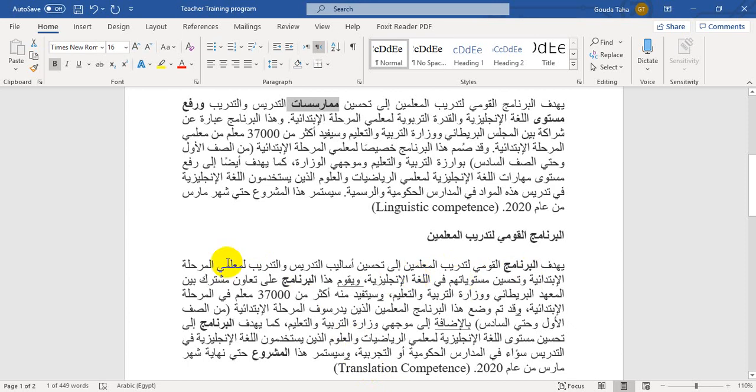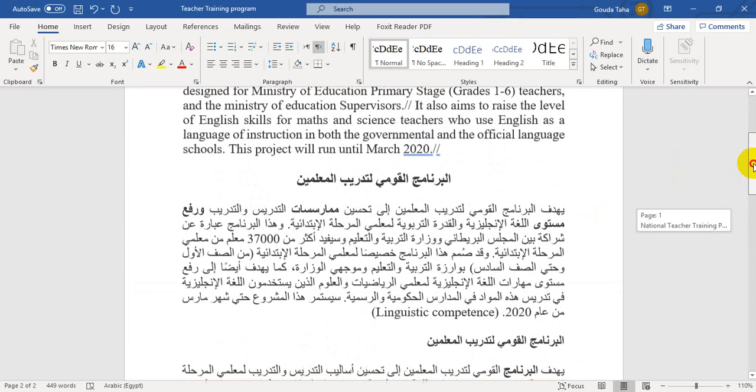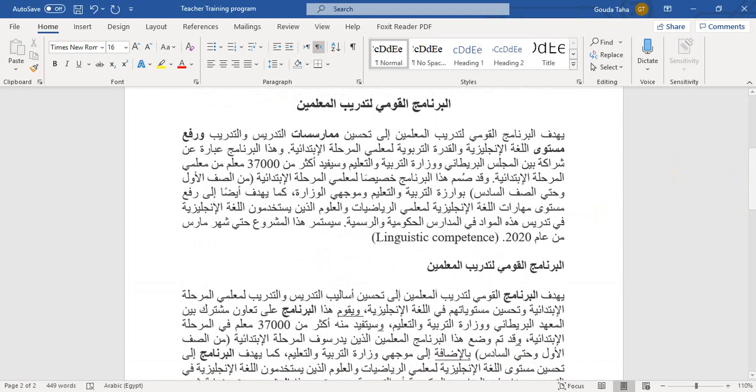So this is what I mean by linguistic appropriateness. Why? Because we have two elements for the teacher: improving their teaching methods, and working on the level of English language. So we have two مضافين لمضاف إليه واحد.